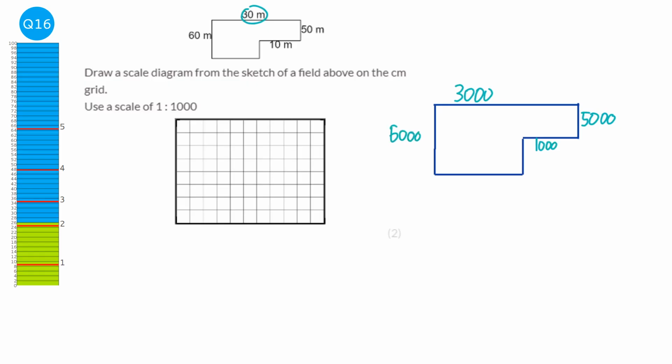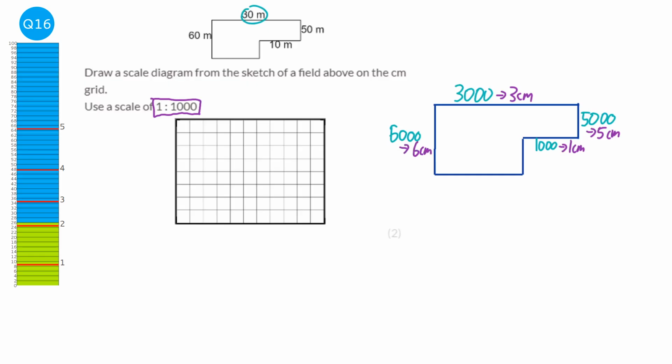And then I'm going to look at this scale here. Now this says that 1,000 in real life is 1 on our scale drawing. So this is just going to be 3 centimetres divided by 1,000. This is going to be 5 centimetres, 1 centimetre, and 6 centimetres.